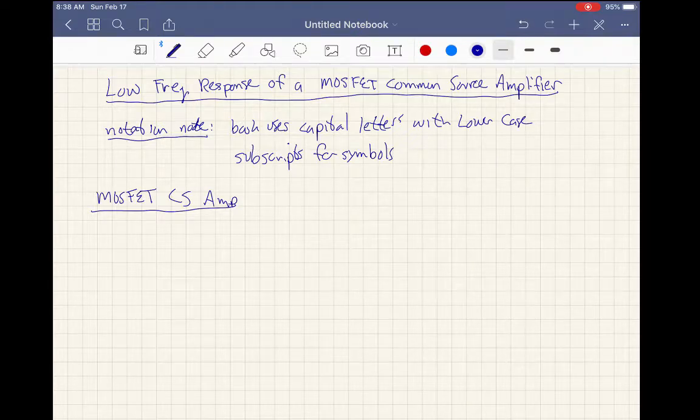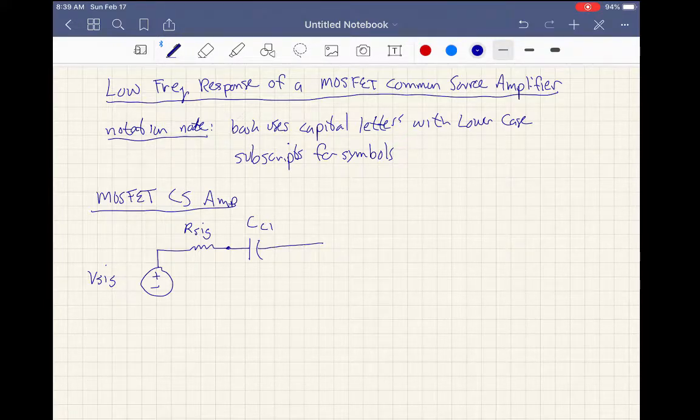So I'm going to draw a little circuit here. V sig is a frequency quantity, and R sig, again uppercase with lowercase subscript. Let's put a coupling capacitor here, C C1.